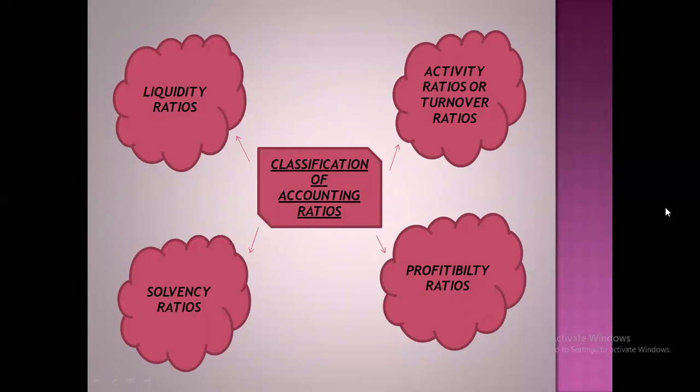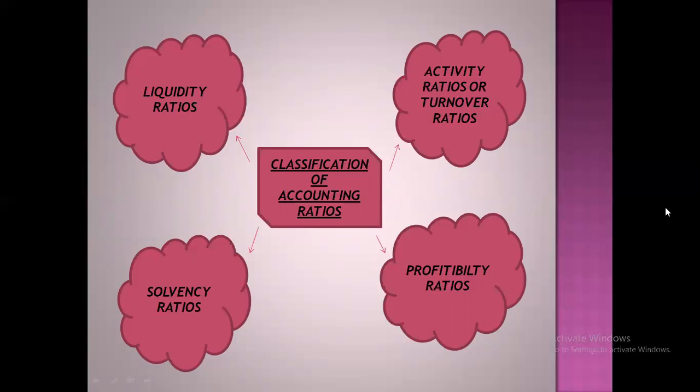Activity ratio, or the turnover ratio or the performance ratio. These include inventory turnover ratio, trade receivable turnover ratio, trade payable turnover ratio, and working capital turnover ratio. These ratios help to check the efficiency of an enterprise in using its resources.